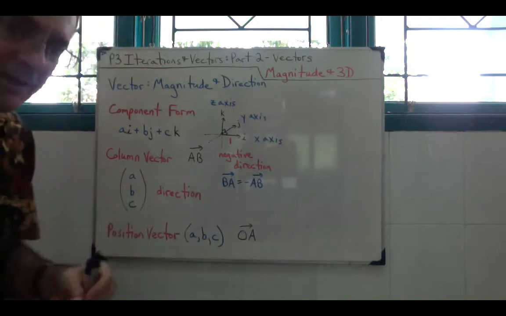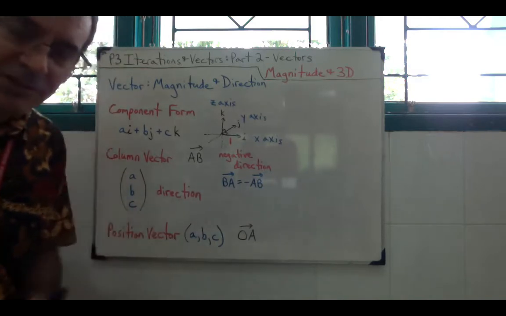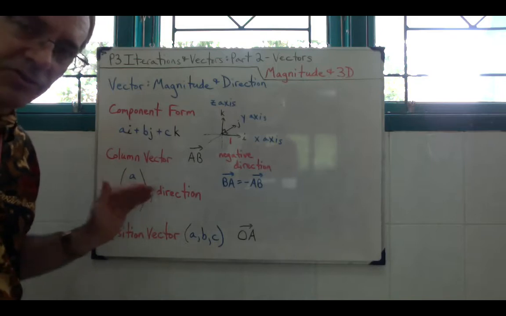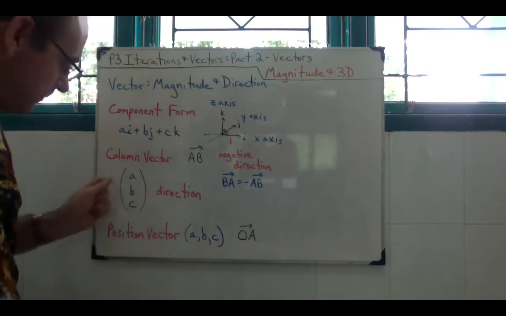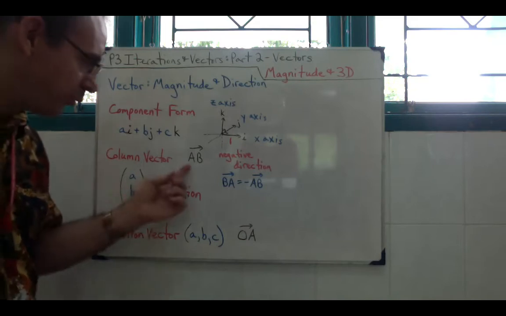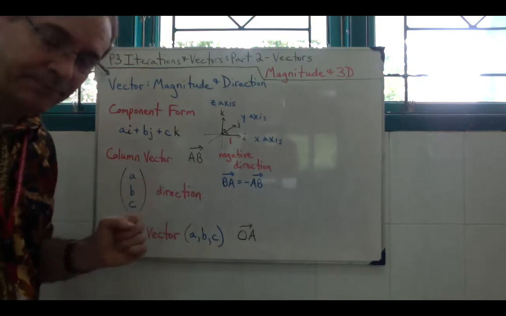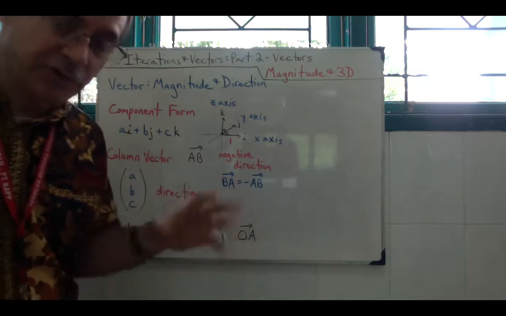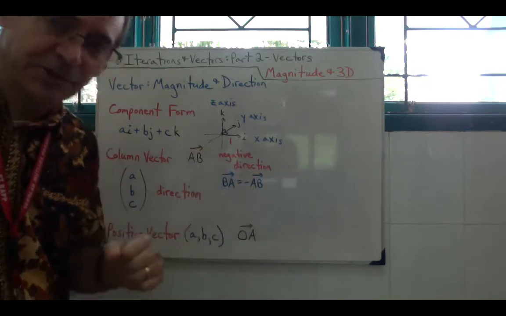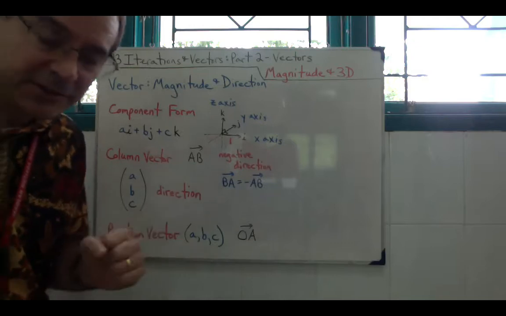So when you get into three-dimensional vectors, you want to use the term direction, meaning how to get from point A to point B. Try to not call it slope. You're used to slope in two-dimensional vectors.